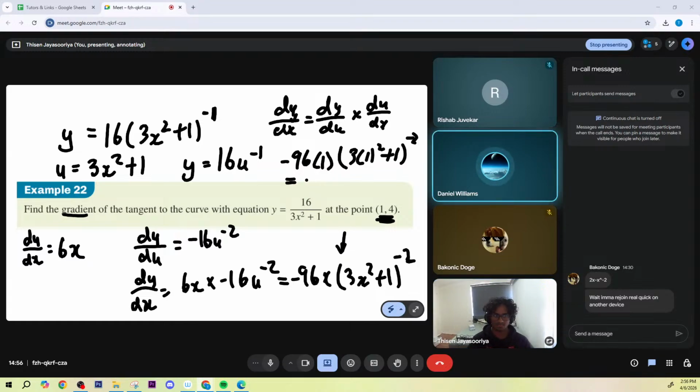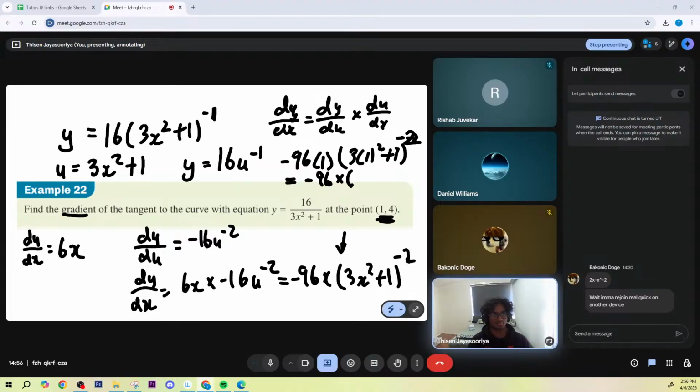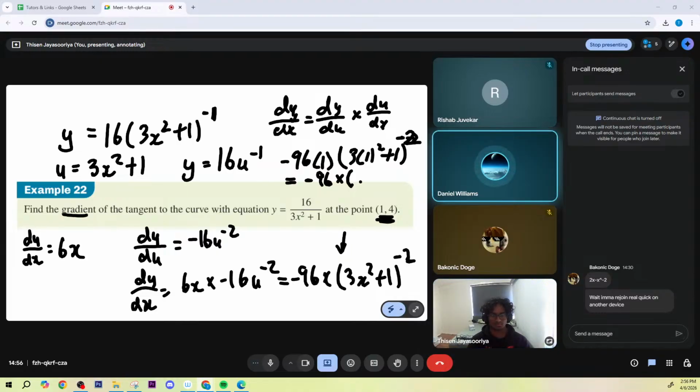Just get minus 96 and multiply. The thing outside the brackets. That's negative 2. Yeah. So that'll just be minus.